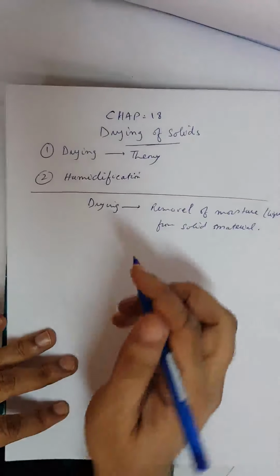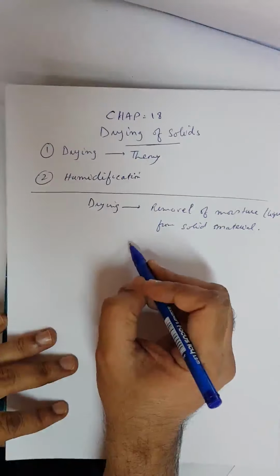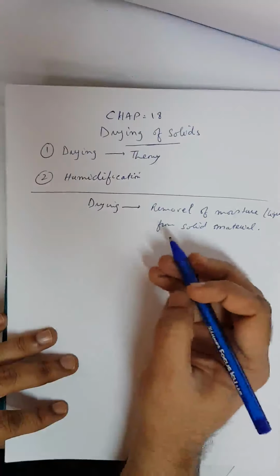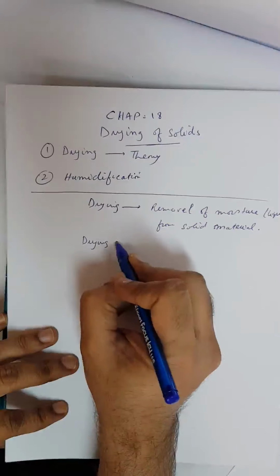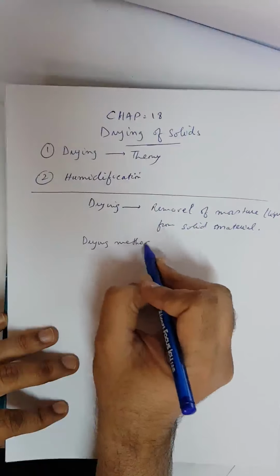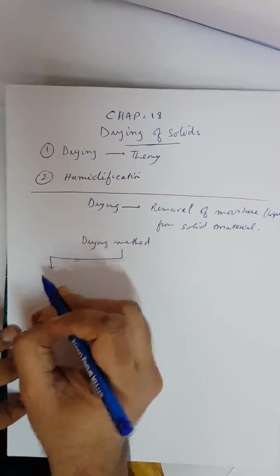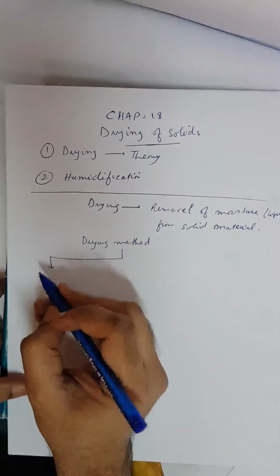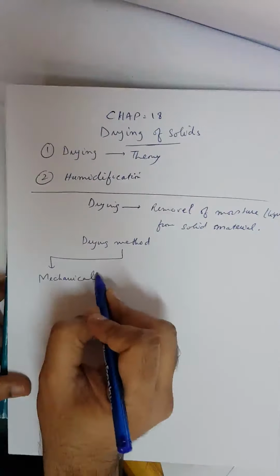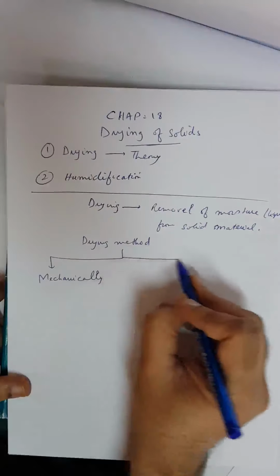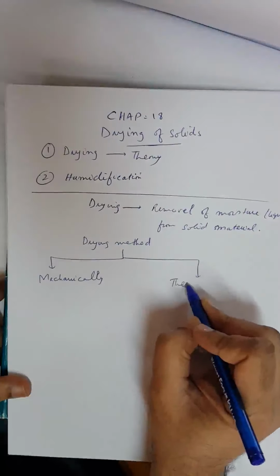So drying methods are generally classified. There are two drying methods basically. One is called mechanical, and another one is thermal.